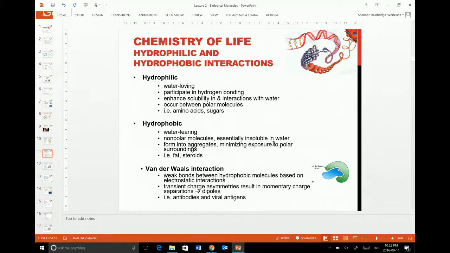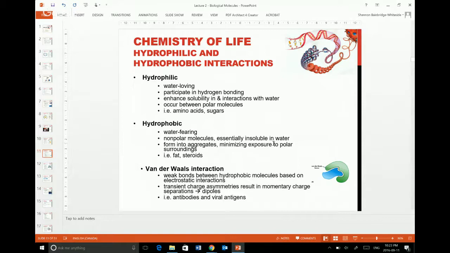One really interesting hydrophobic interaction that does have some important biological significance is what's called van der Waals interactions. So if you have two hydrophobic molecules, or two portions of a hydrophobic molecule, that come in very close contact with one another, even though they don't have an established charge that stays put all the time, electrons, as you know, are moving constantly around the nucleus.